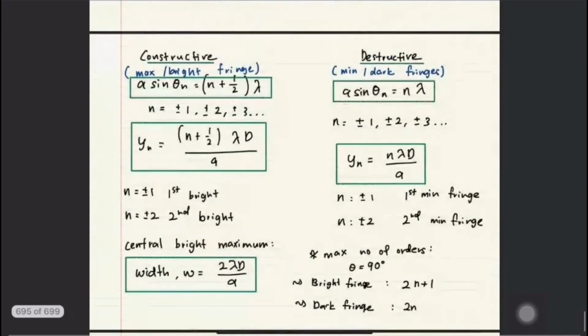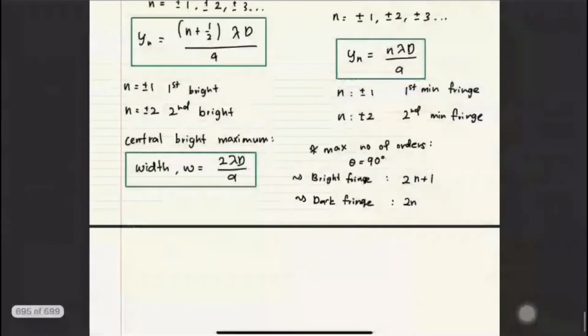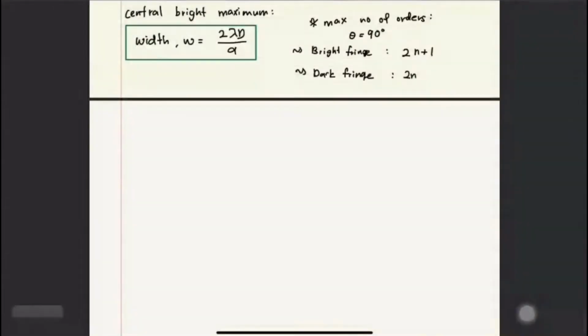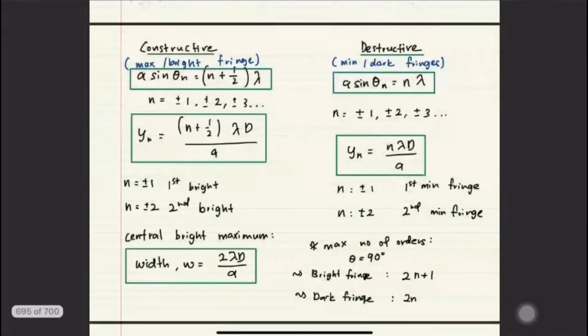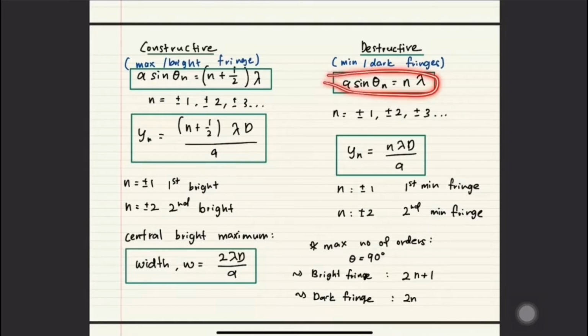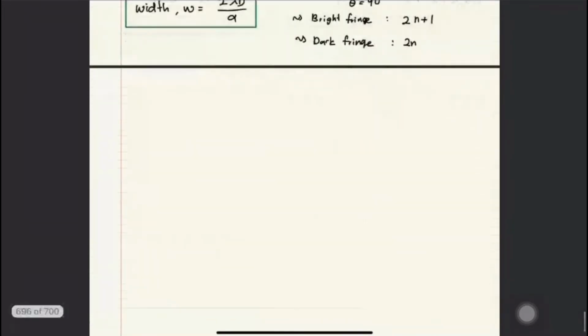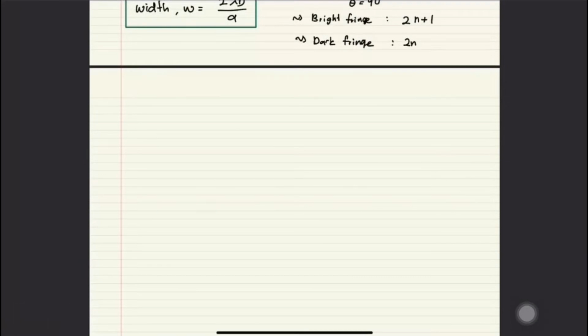Kenapa? Okay, saya tunjuk. Katakanlah kamu kira, katakan soalan dia suruh kira numbers of bright fringe, maximum numbers yang terbentuk lah. So basically you want to calculate n, you use this formula, ataupun kiri kanan lah, you use this formula, you get n, and then katakanlah n kamu example n sama dengan 3.7.